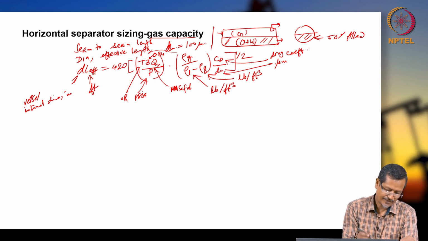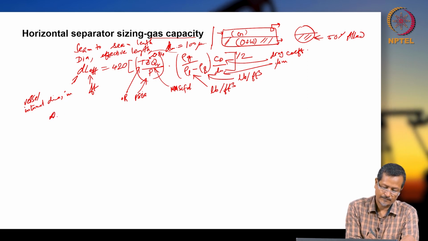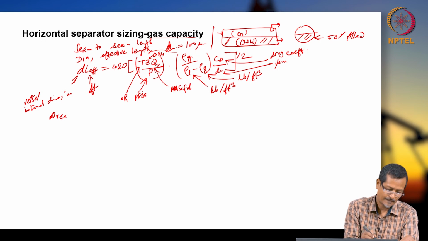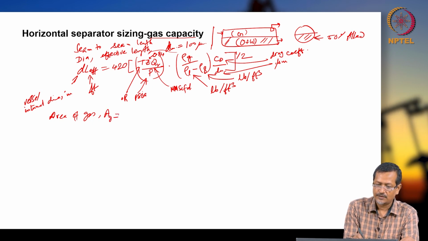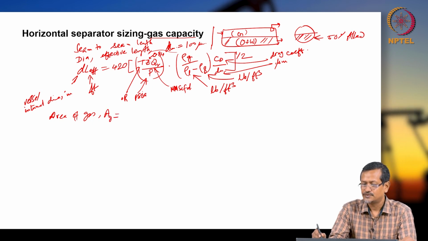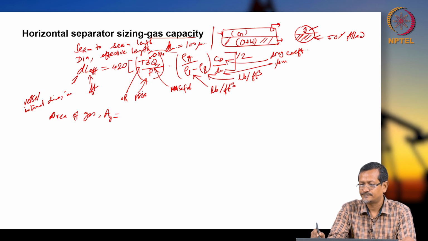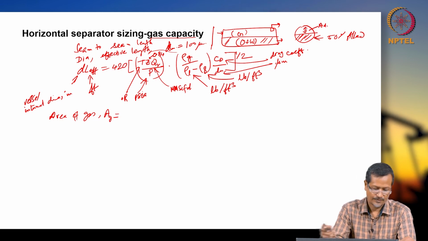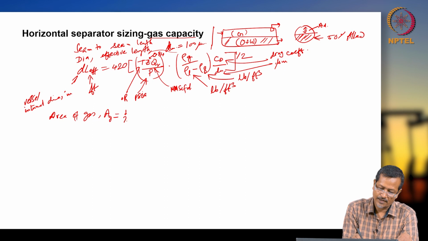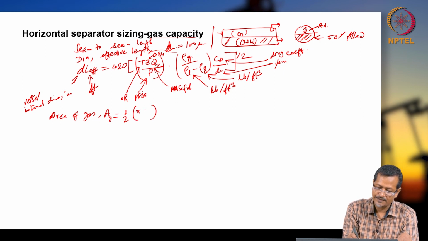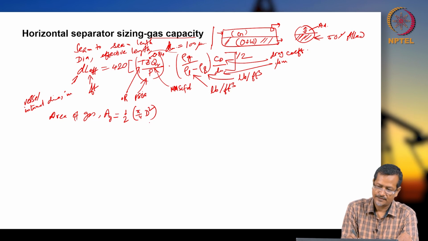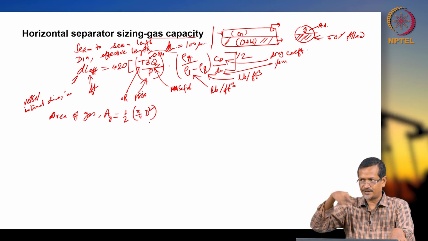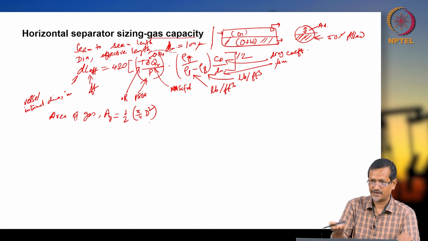Now first you convert the area of gas, AG. What is the area of gas flow? So if you see this one, half of this area, pi by 4 d squared, the total cross sectional area divided by 2, since it is 50% filled, that is why half is coming.